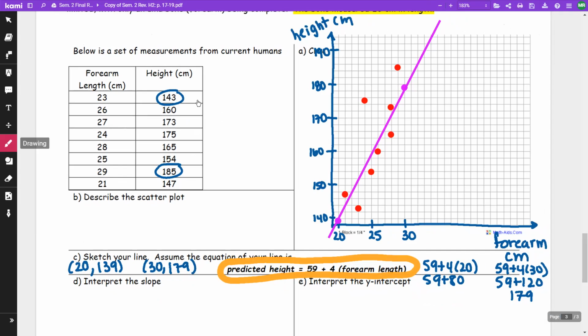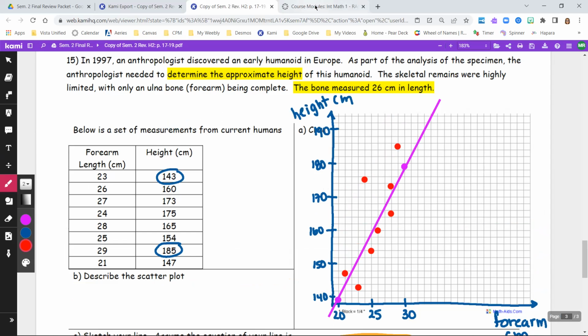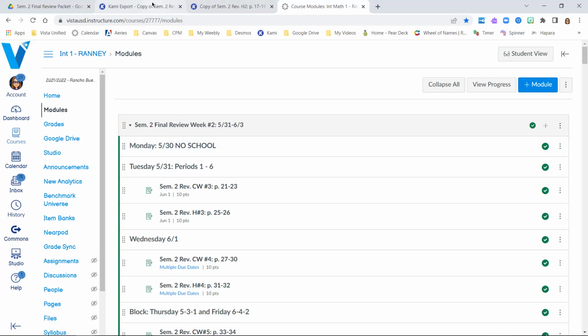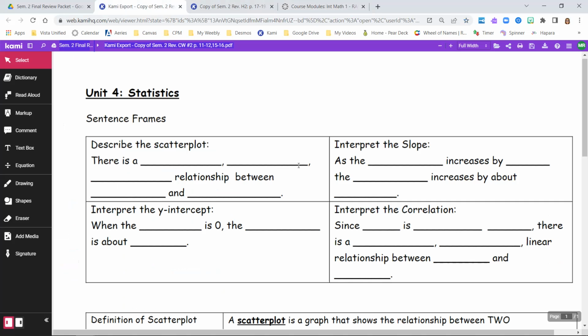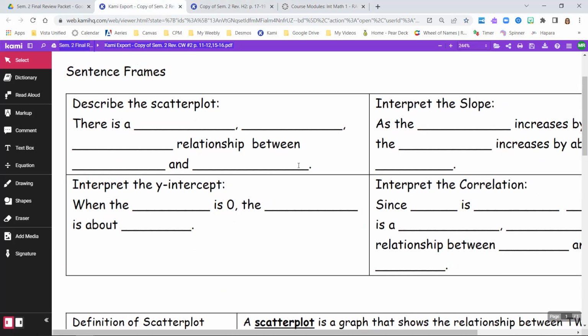So in this situation, when we describe the scatter plot, we are going to be looking at those sentence frames that are in our composition book, but here is a copy of them. Describe the scatter plot.